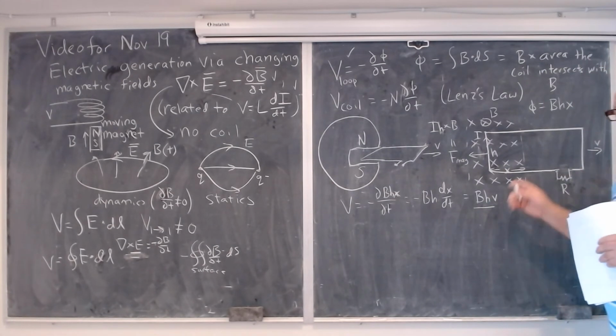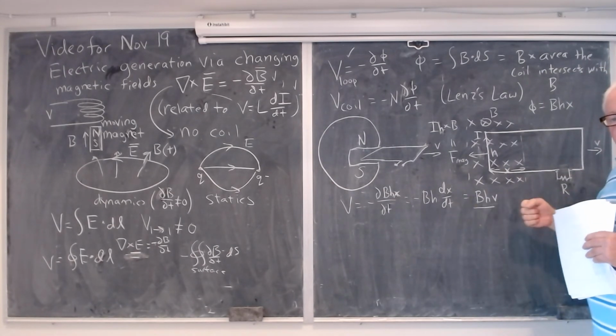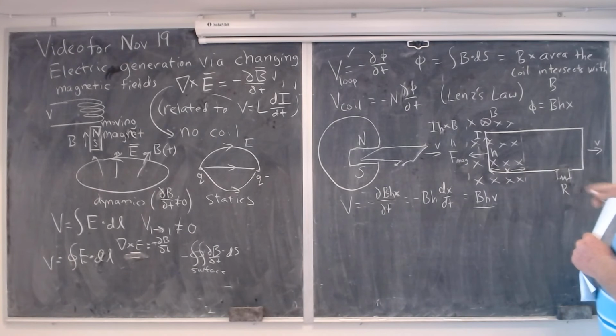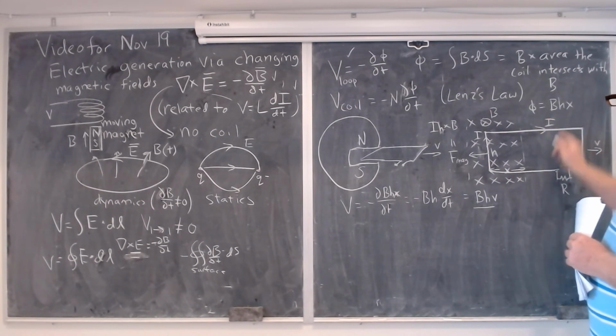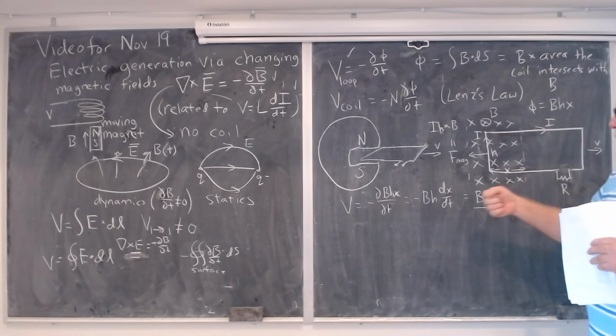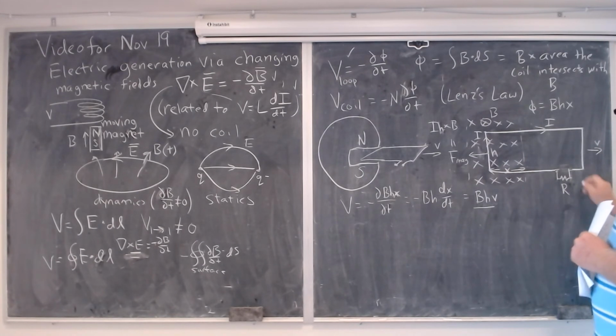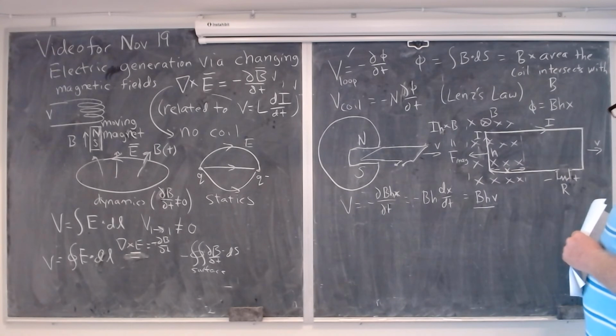So that's how I want you to remember how to figure out what direction the polarity is. By using your logic about what the force direction should be, it determines I is in this direction and the polarity is that way.